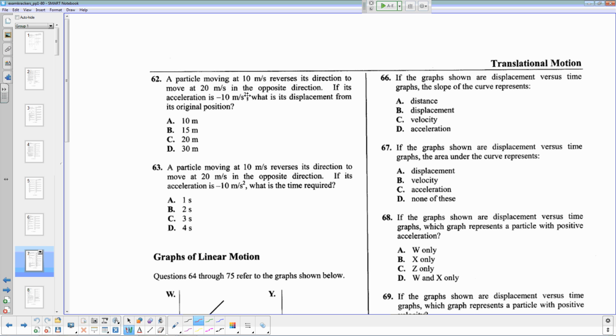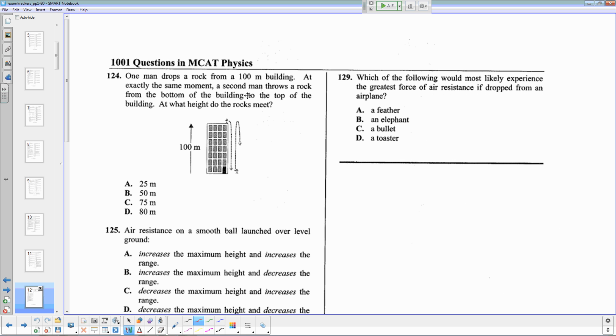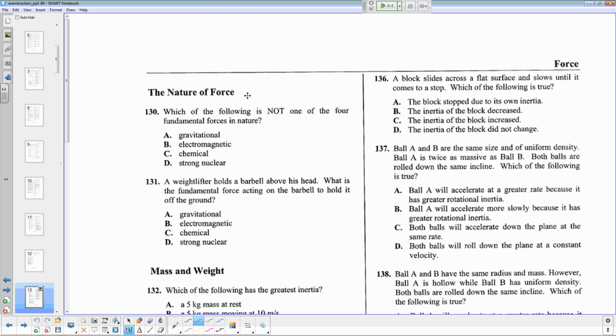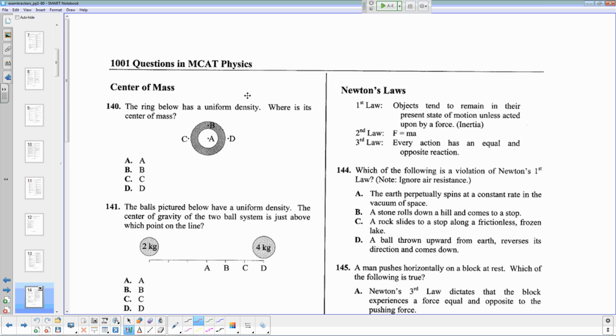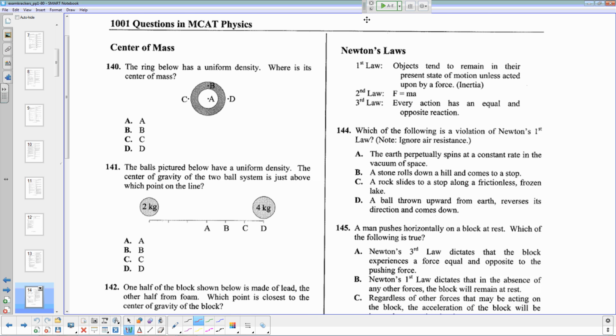Let me get my notebook. Let's just start out with a few simple ones, just about Newton's laws. Let's look at number 144. Well, they give you Newton's laws there.